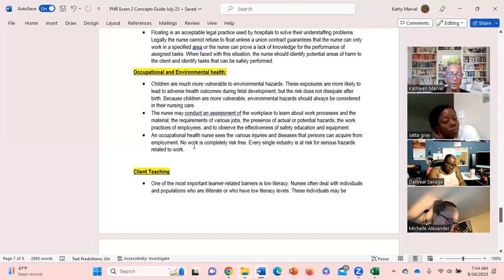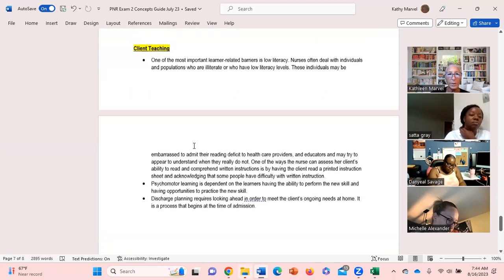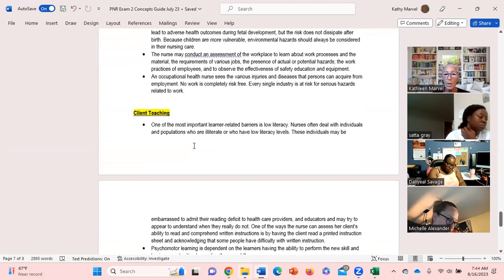What about client teaching? I think that's our last concept. One of the most important learner-related barriers is literacy, low literacy. What does that mean? What does low literacy mean? They may not understand what you're talking about in your teaching or your day-to-day activities with them on the unit.